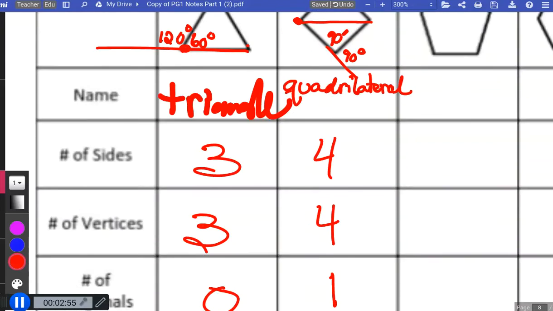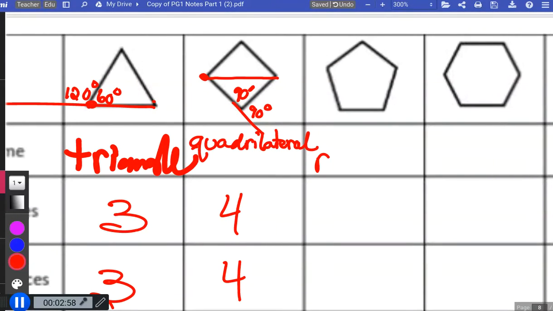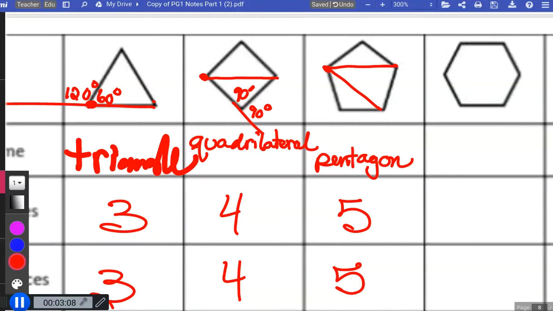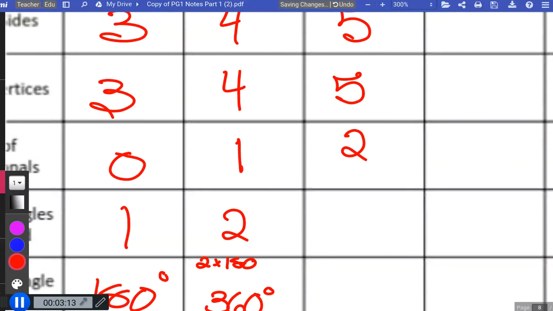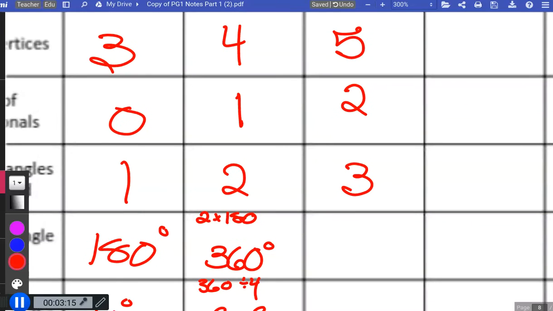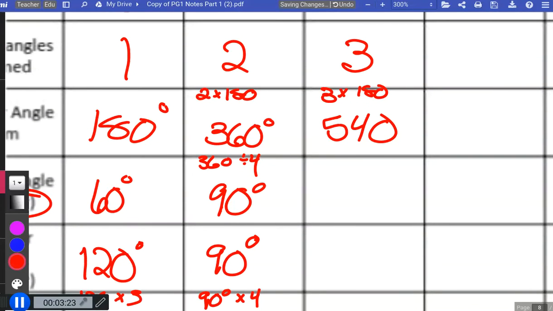Okay, pentagon. A 5-sided figure is a pentagon. 5 sides, 5 vertices, number of diagonals: from 1 vertex, that's 2 diagonals. And it made 3 triangles. So I'm going to do 3 times 180 degrees for each triangle, and that's 540. Split that equally among the 5 angles, and you get 108 degrees for each one.